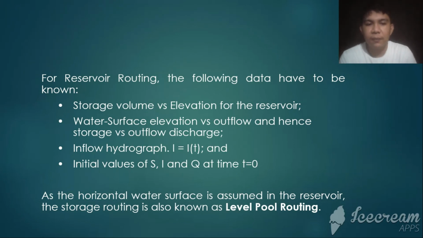Then inflow hydrograph. So we have I is equals to I times T, and the initial value of S, I and Q at time 0. So as horizontal water surface is assumed in the reservoir, the storage routing is also known as level routing.